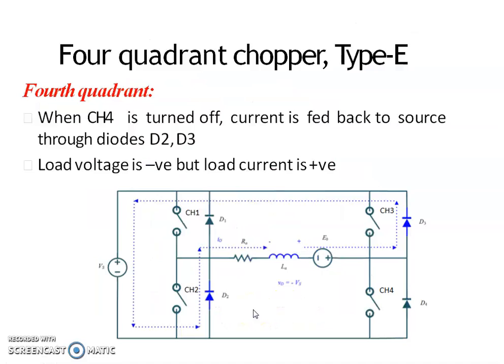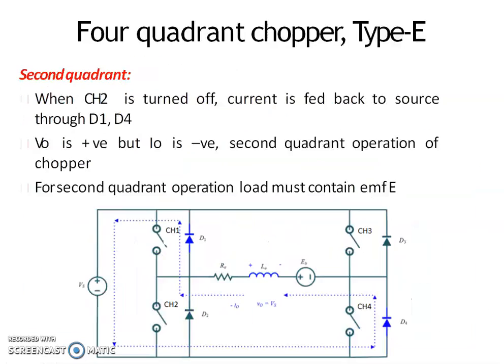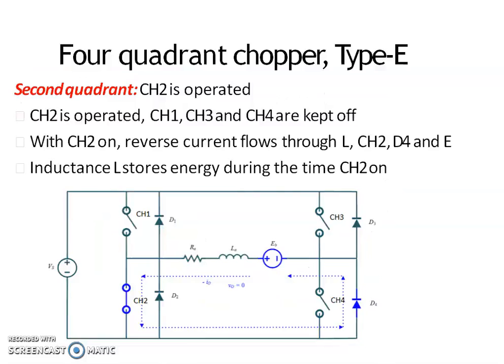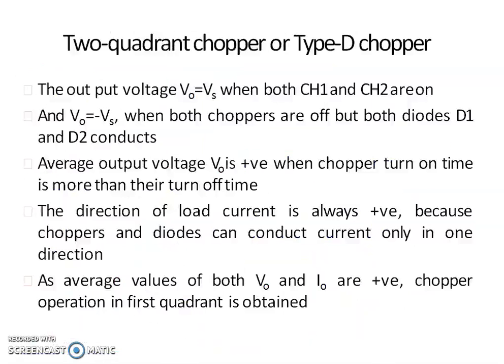Now we are assuming that CH4 is off. When CH4 is off, the energy stored in the load will be fed back to the source through the diodes D2 and D3. This is the fourth quadrant operation of a chopper. A fourth quadrant operated chopper is known as type E chopper.